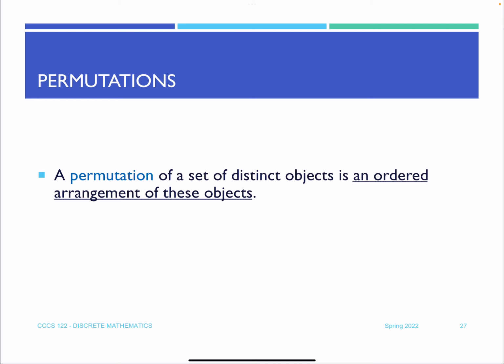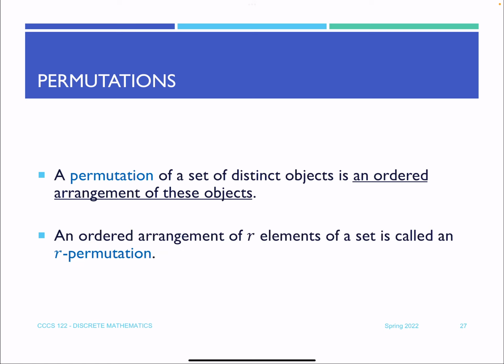So a permutation of a set of objects is an arrangement of those objects. An ordered arrangement of r elements of a set is called an r-permutation. So an r-permutation is basically one way to arrange r different elements.